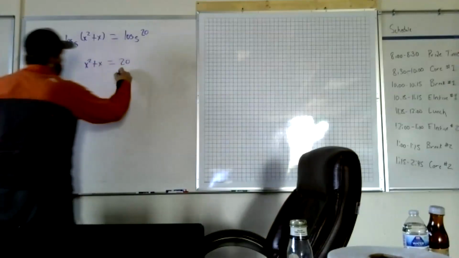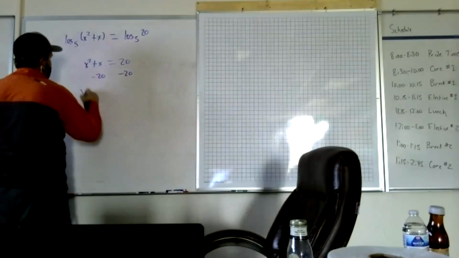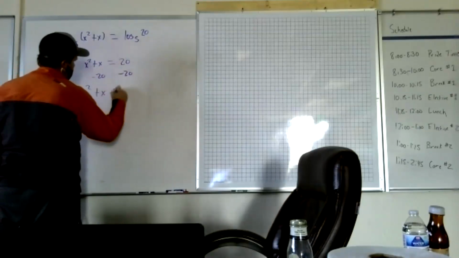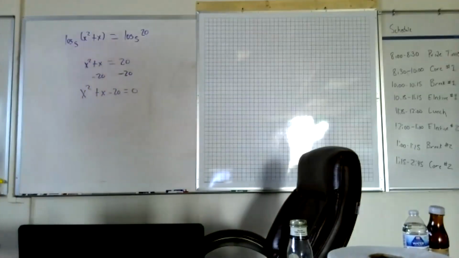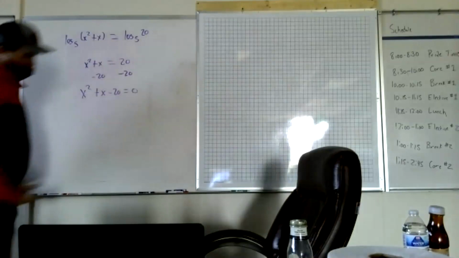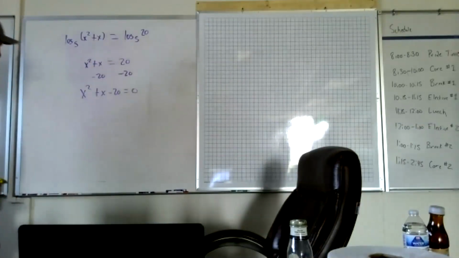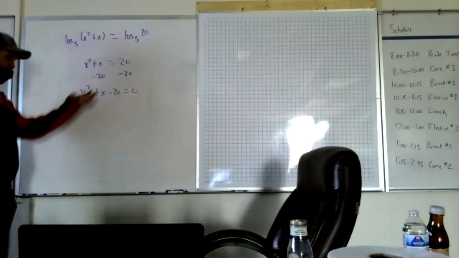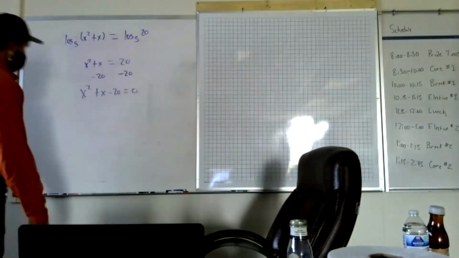Then I'm going to subtract 20 on both sides, because that gives me x squared plus x minus 20 is equal to 0. At this point, if you didn't want to factor it, you could actually graph that and see where it crosses the x-axis, because those will be the roots, the same way that we did way back in August.